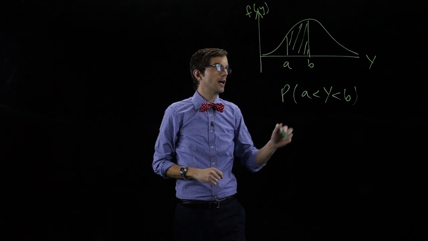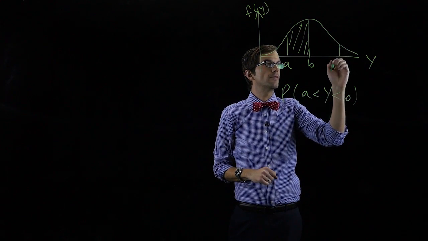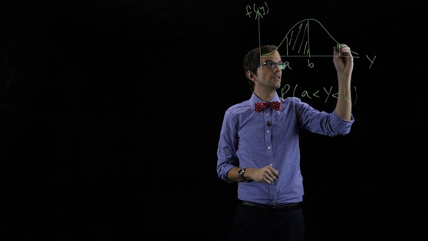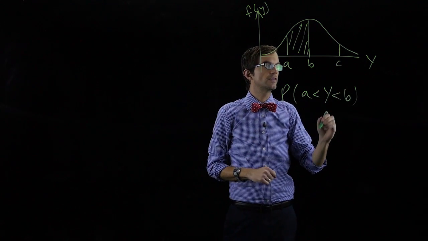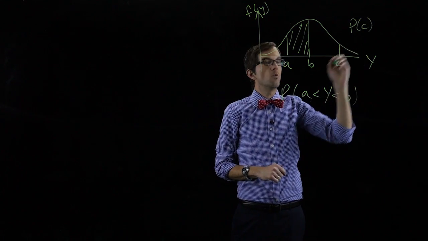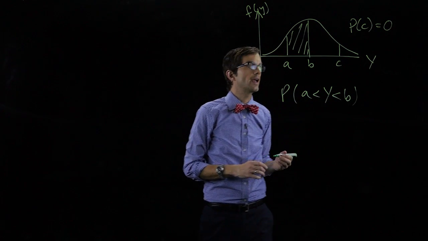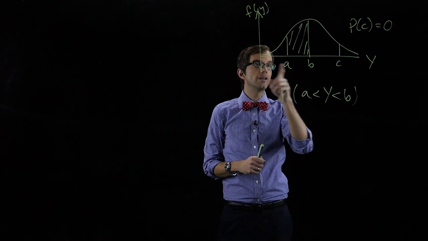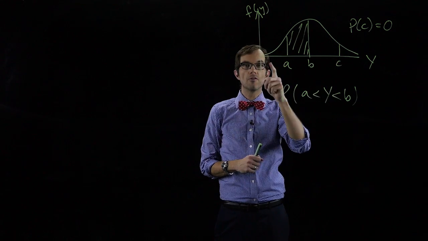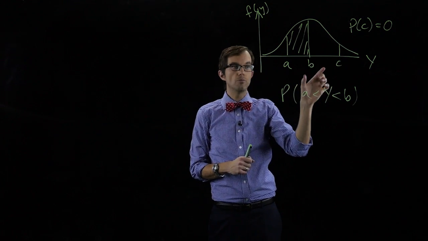Okay, we also said that the probability of any particular one point is 0. So let's say point C. The probability of one particular realization C is 0. And we said that's because, one, there are just an infinite number of points that lie in between any 2 points.